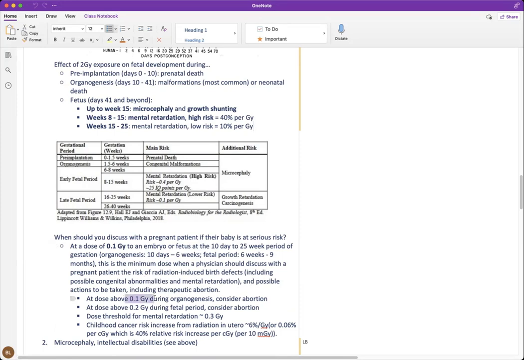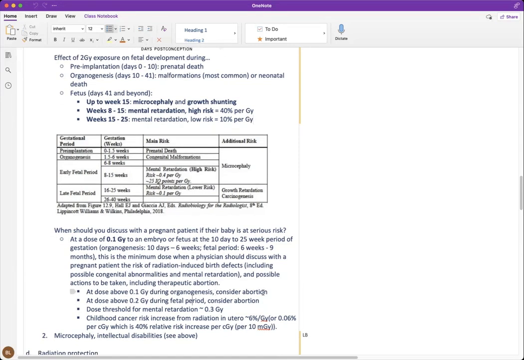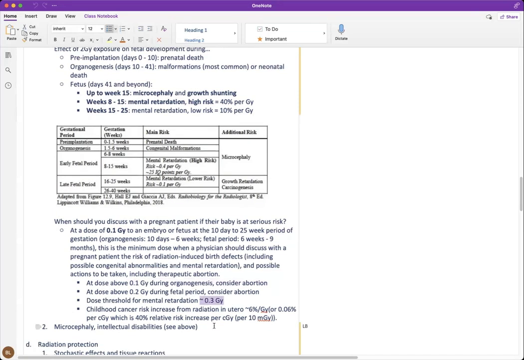At doses above 0.1 gray during organogenesis, consider abortion. At doses above 0.2 gray during the fetal period, consider abortion. The dose threshold for mental retardation is 0.3 gray.